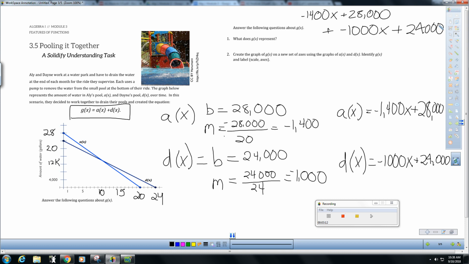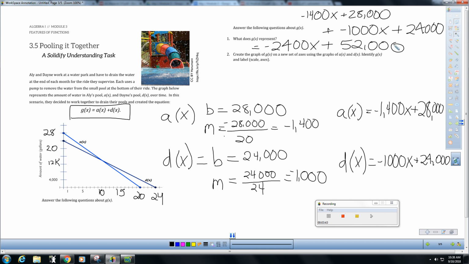Let's combine like terms there, and I'm sure they're going to ask for this later, but I think this is a good way to do it. You're going to get negative 2,400x plus, what's 28,000 plus 24,000? 52,000. So what does g of x represent? I think it represents the total water in both pools at any given minute.